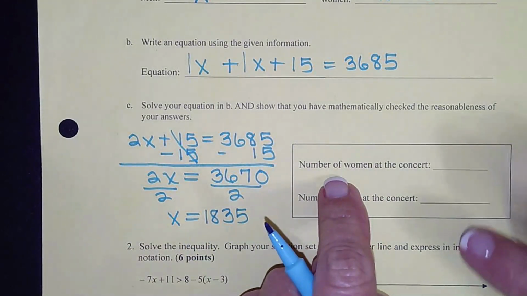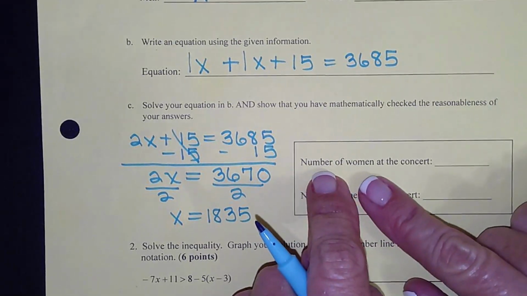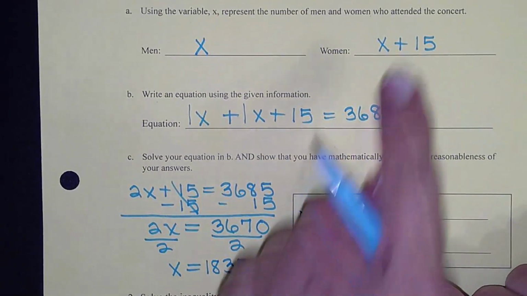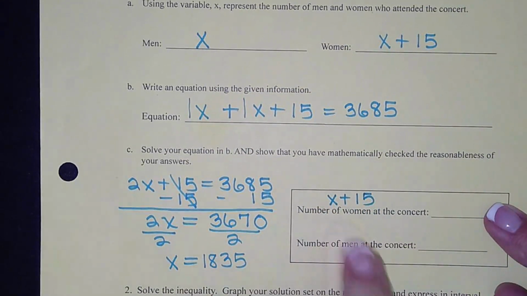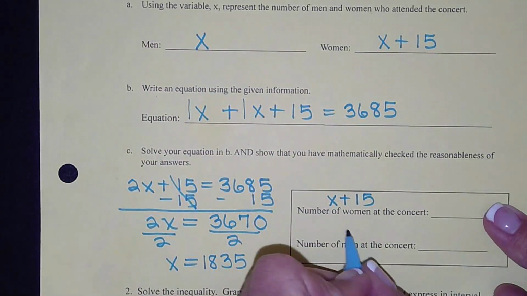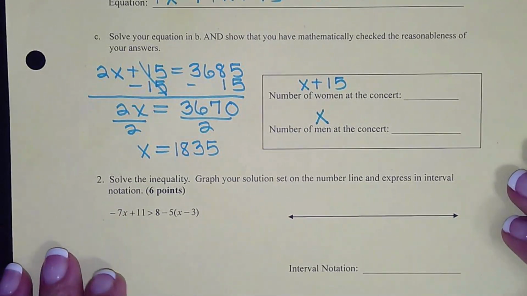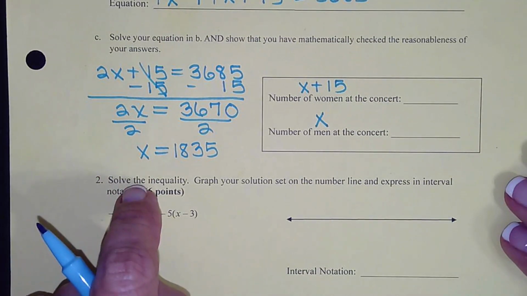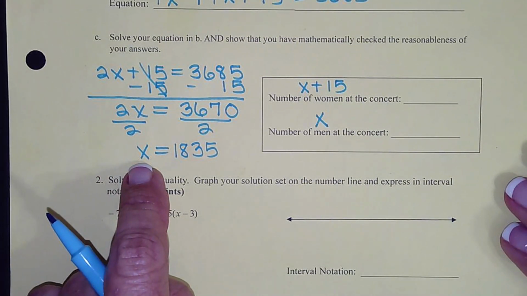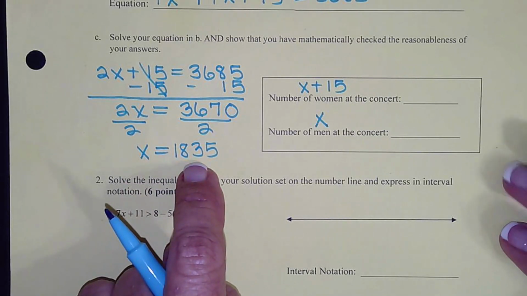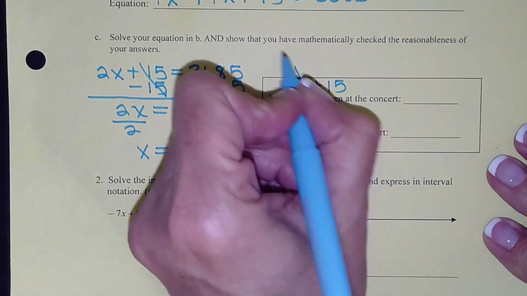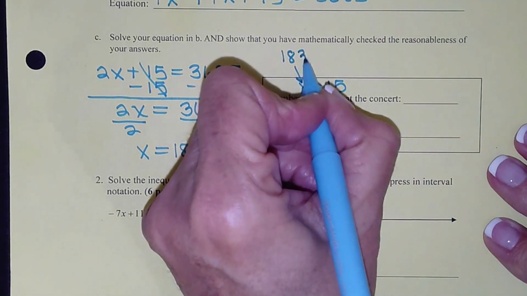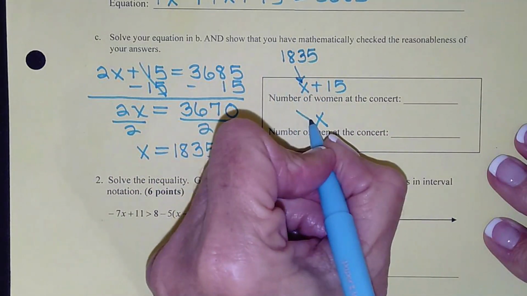And so when I see this, I go, oh, let me write my variables here. Women is x plus 15. Men is just x. That way I'm all ready to do my answers. Every x in this problem now has a value of 1835. So 1835 and 1835.